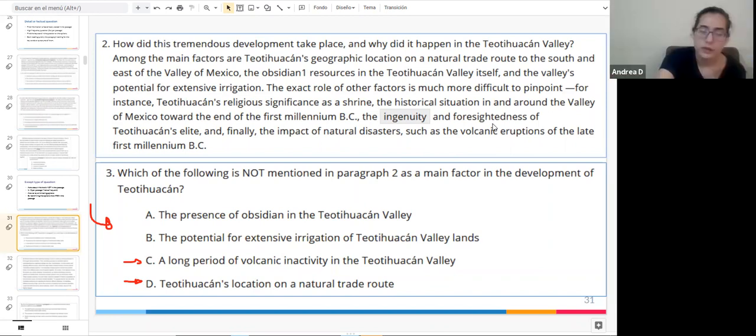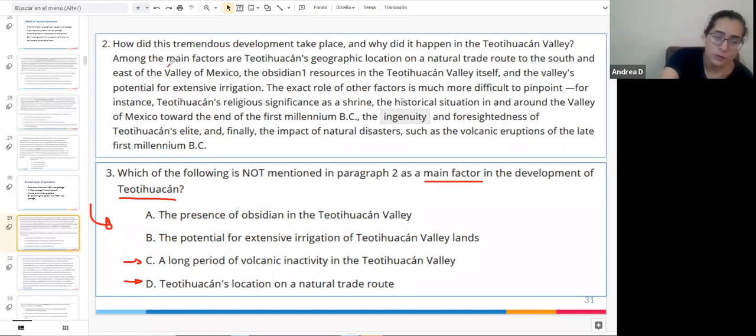All right. So what you need to do here is still kind of the same as you did for the previous one. First thing, look at your keywords, try to figure out what they're actually asking about. So they're asking for something that's not mentioned as a main factor in the development of Teotihuacan. So that's what you're looking for, right? So you just need to look for the part that says, okay, these are the main factors in the development of Teotihuacan. So you're going to look for that.